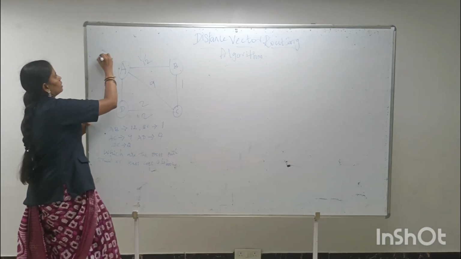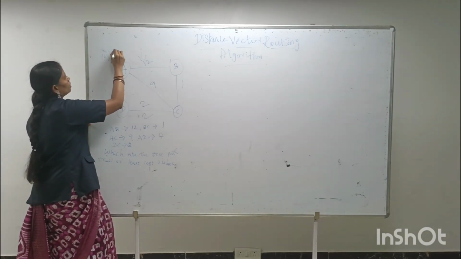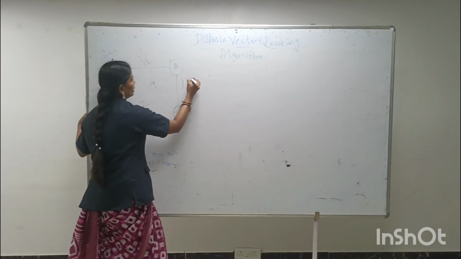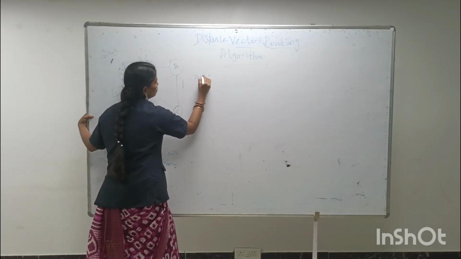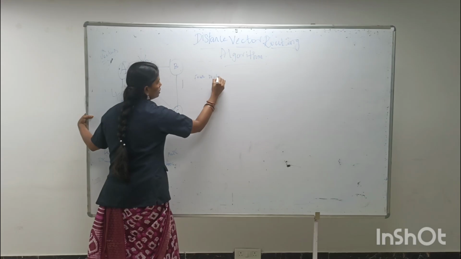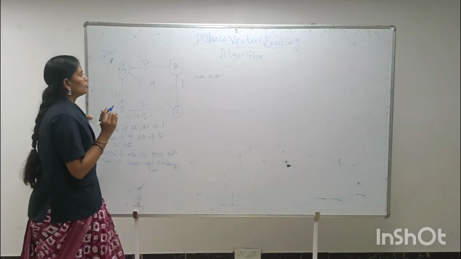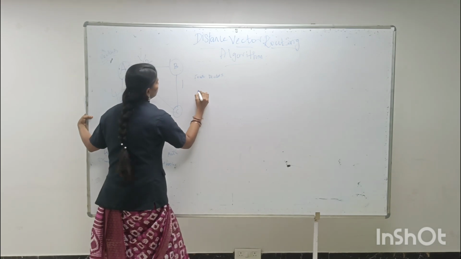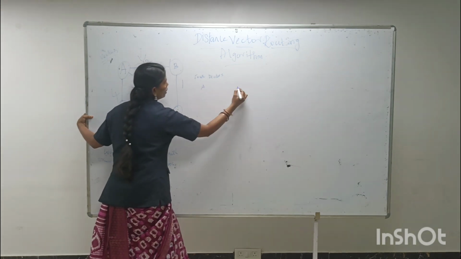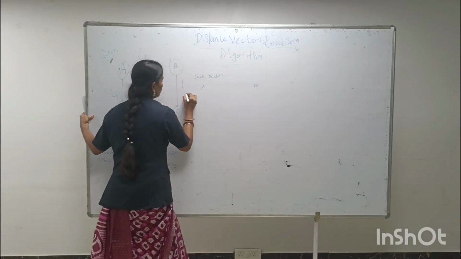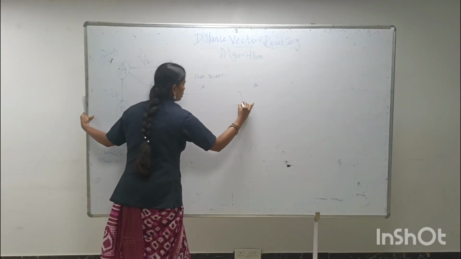For these vectors we are going to write the routing tables. We have four vectors, A, B, C and D, so we are going to write four routing tables.